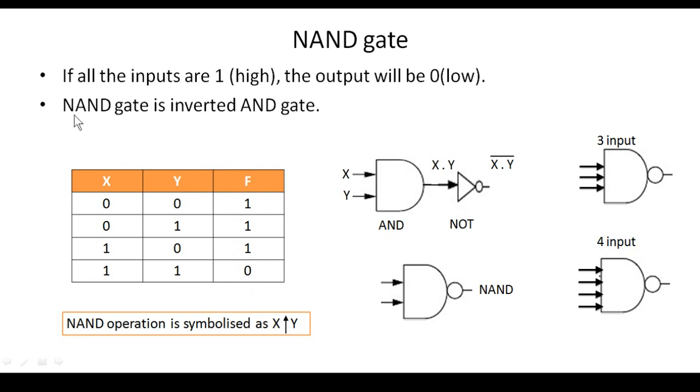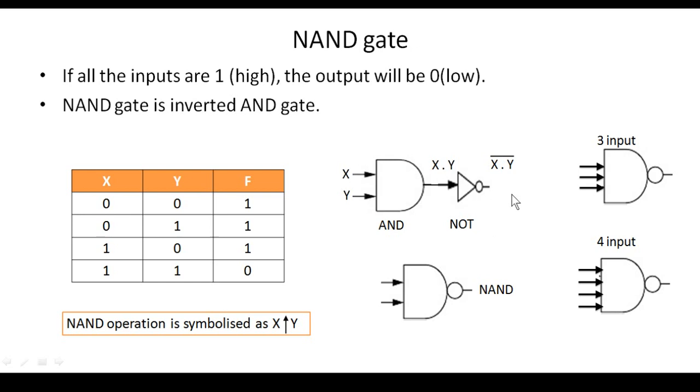In the same way, by reading this line, you will know a NAND gate is an inverted AND gate. The same logic you have to use here. So you have to take an AND gate which has two inputs X and Y. When you pass them on to that, it becomes X dot Y. And again you introduce a NOT gate, so that it becomes the complement, that is inverted: (X dot Y) the whole dash.